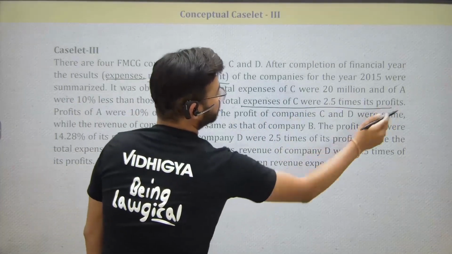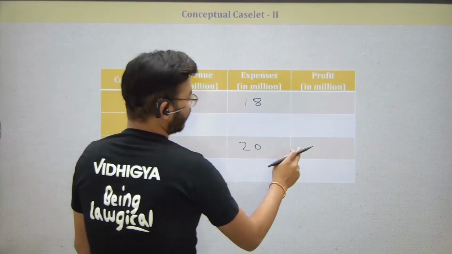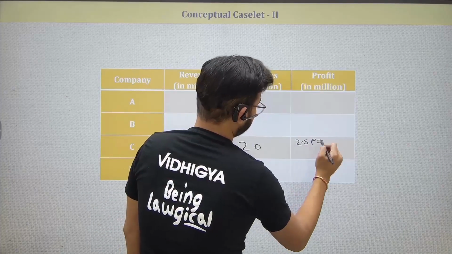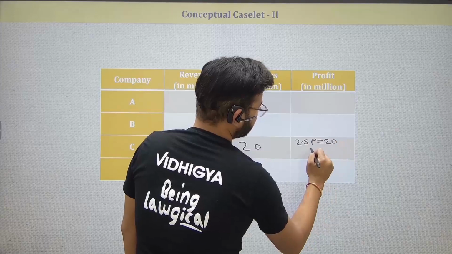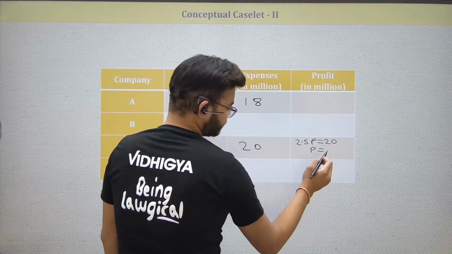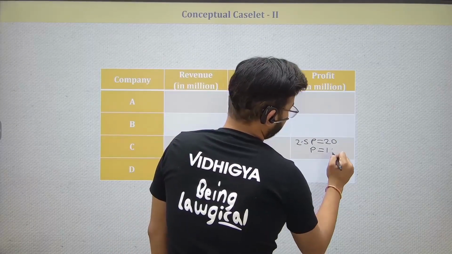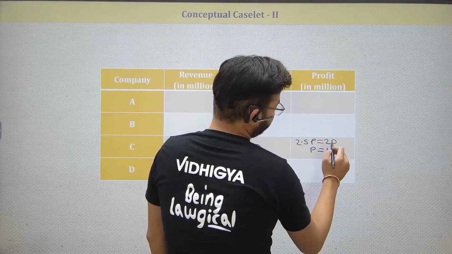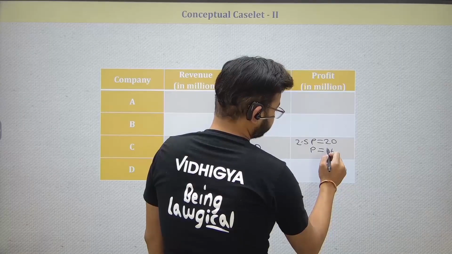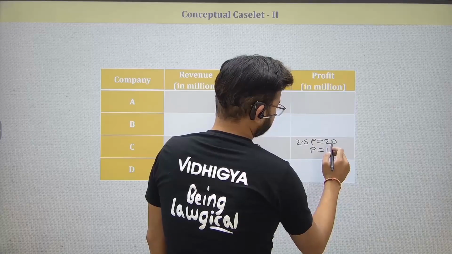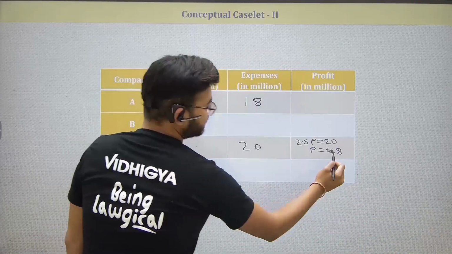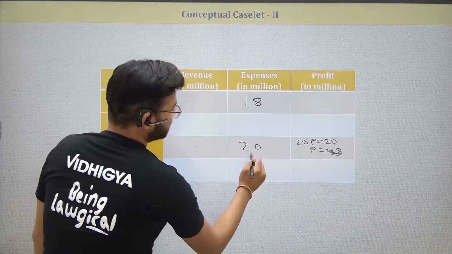So 2.5 times profit is equal to expense, that is 20. So profit becomes 20 divided by 2.5, which is 8 million. So profit is 8 million, expense is 20 million.